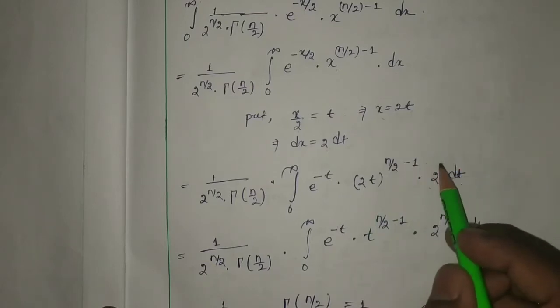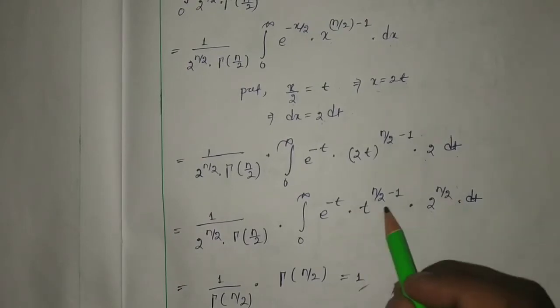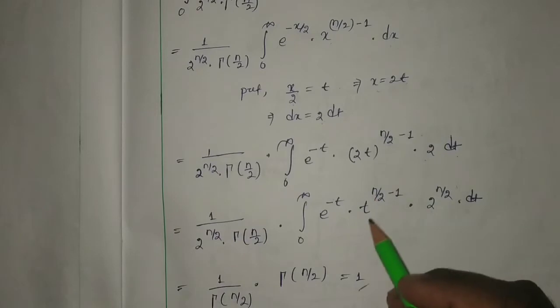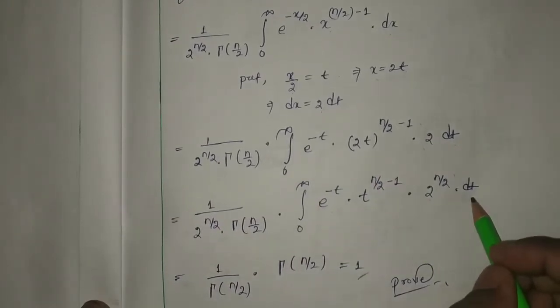If I add the powers, I get 2 to the power n by 2, and t to the power n by 2 minus 1, e to the power minus t, into dt.